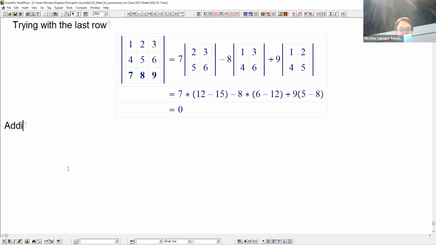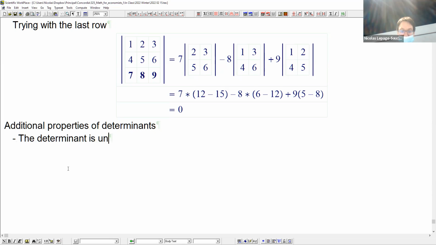Additional properties of the determinant. The determinant is unique. So all of these, I'm not going to prove them. I wouldn't know necessarily how to do it. Might be easy, might not. Non-zero determinant implies linear independence. We have seen this before.